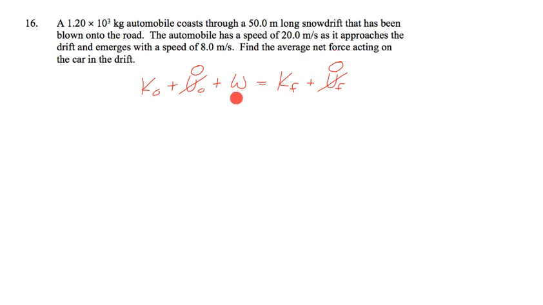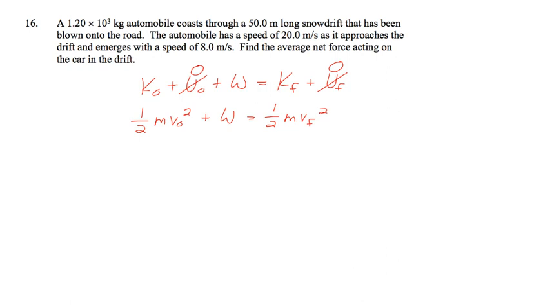So I am going to break this down into force times distance. If the question was, what's the work that's being done while the car is in the drift, I would leave it as W. So I'm going to write this as 1/2 m v_o squared plus W equals 1/2 m v_f squared.